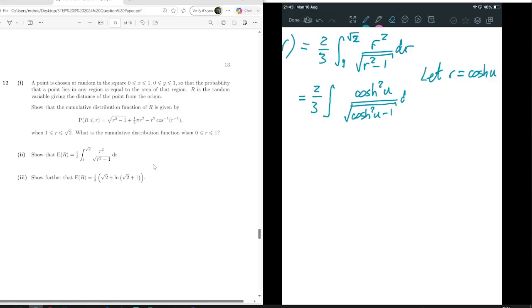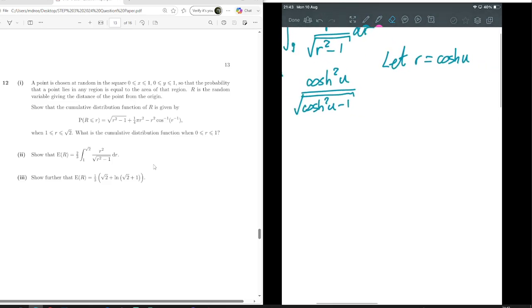I want this to become a du, so I need to work out how it's going to become a du. So dr by du is sinh u. Lovely thing about hyperbolics is they don't swap sign when you differentiate. So then which way round is exactly the right way round? We want a sinh u du.